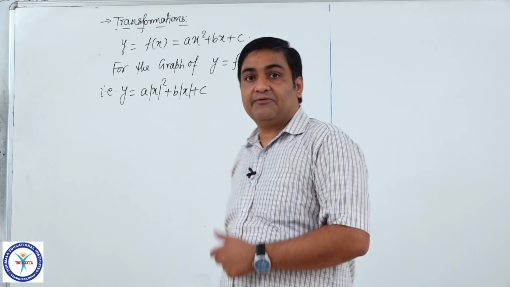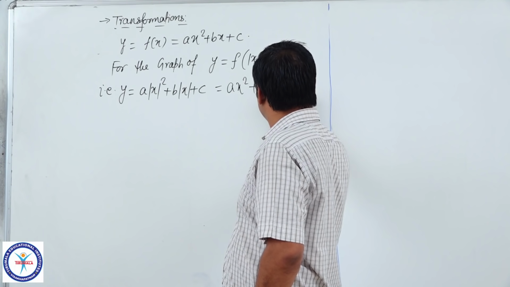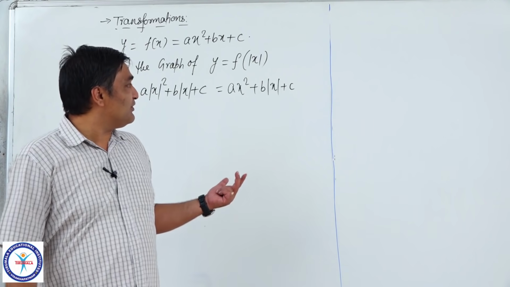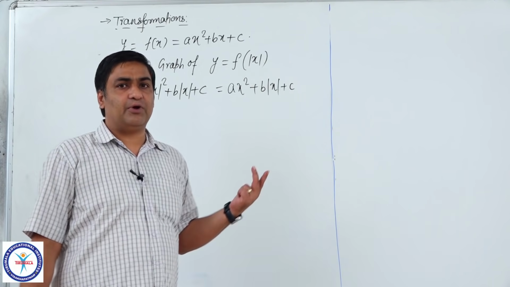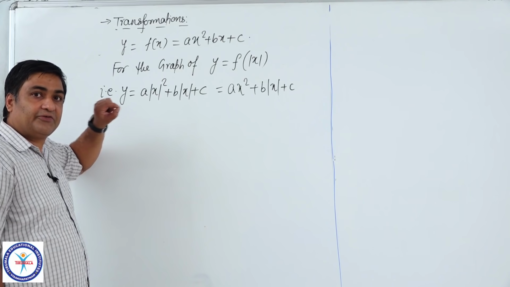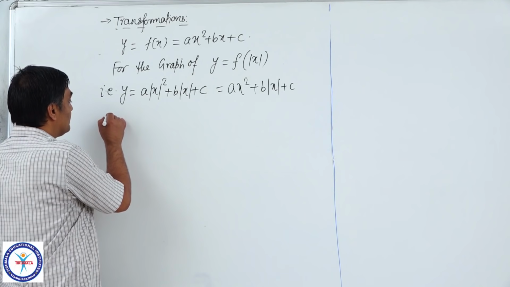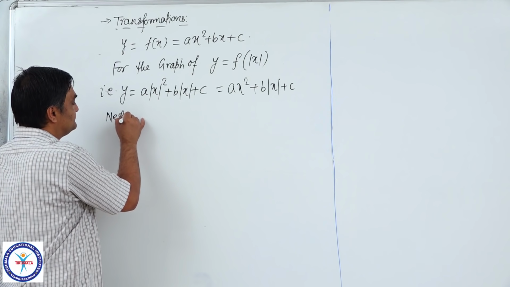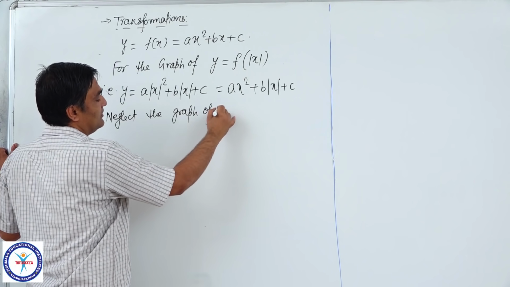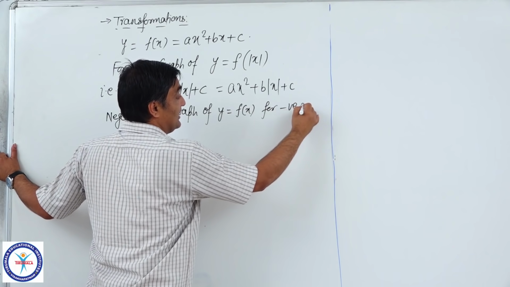See, we are here dealing with real values of x, so we can write a x square plus b mod x plus c also, because if you put a mod sign on x square, there will not be any change because x square cannot be negative. Okay. Now, the process is, understand carefully: neglect the graph of y equal to f of x for negative x-axis.